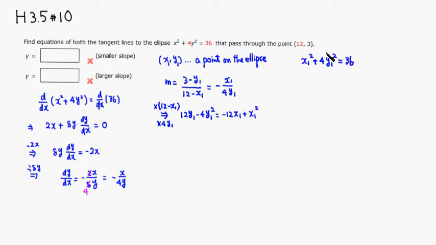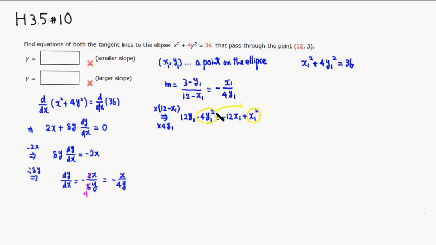Hoping that we see something similar, here there's x1 squared and negative 4y1 squared. If you bring it over, it's going to be plus 4y1 squared. So I'm going to move these terms over to the other side.